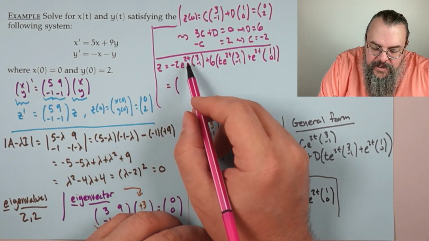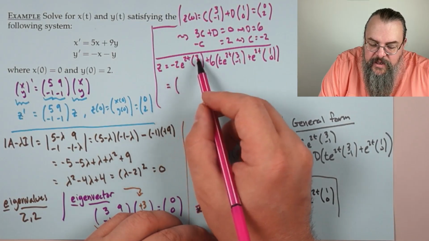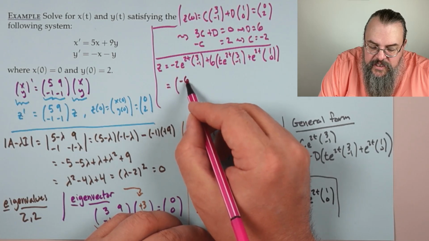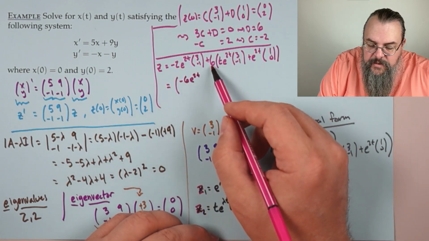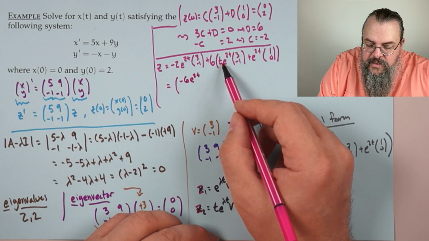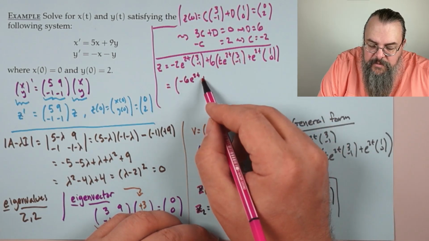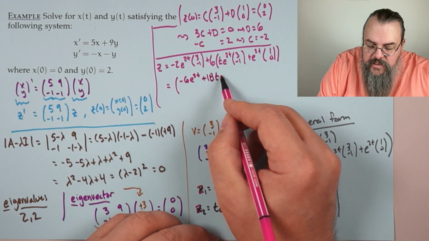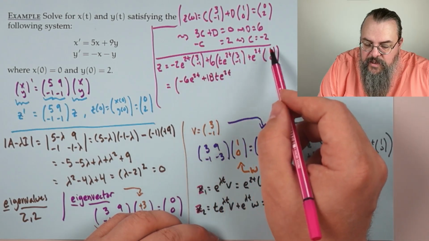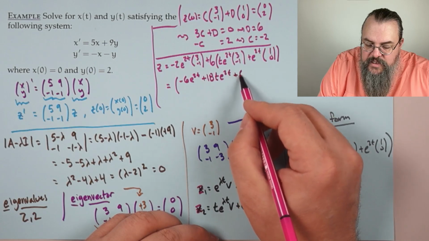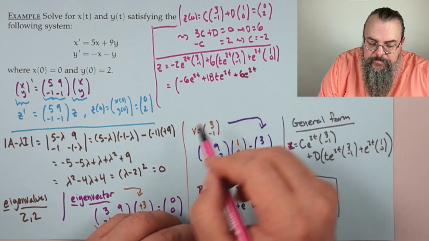Well, we'd have a minus 2 e to the 2t times 3. That's minus 6 e to the 2t. Then here, multiply the 6 times t e to the 2t times 3. That'd be a plus 18 t e to the 2t. And the 6 times e to the 2t times 1 would be a 6 e to the 2t.